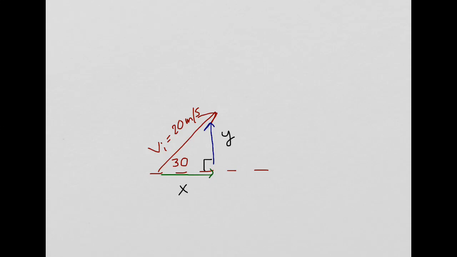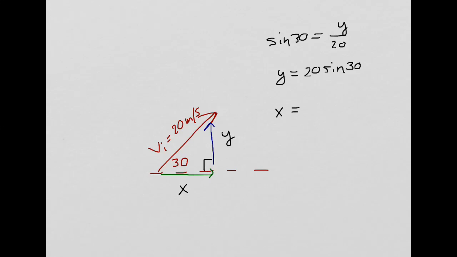And remember from the last video that I can use trig to solve for x and y. So I would say, okay, sine of 30 equals y over 20. Solving for y, I get y equals 20 sine of 30. Alright, and then for x, I can do a similar setup.